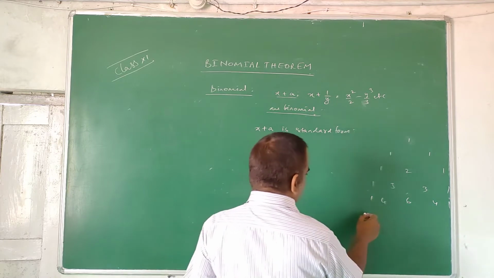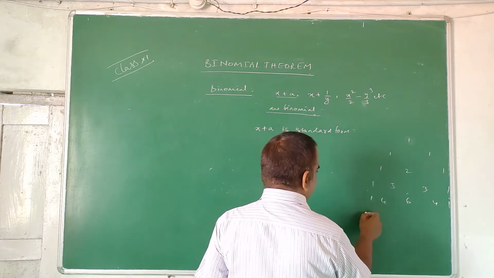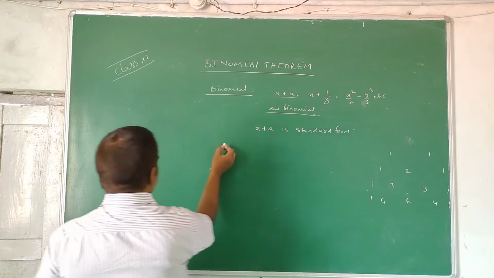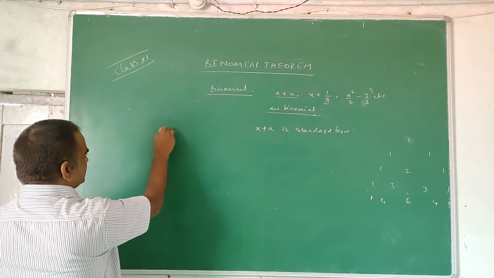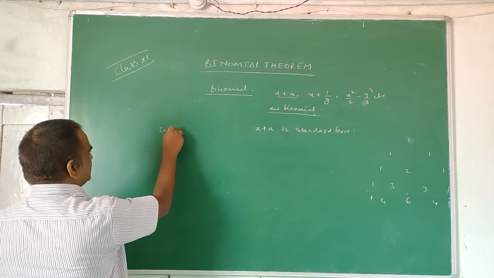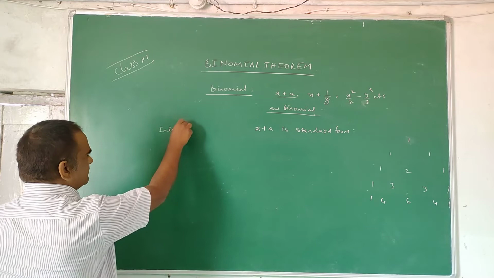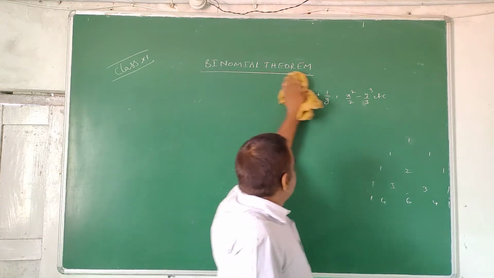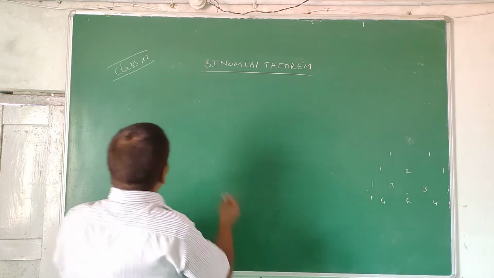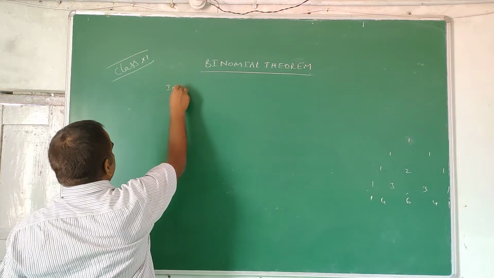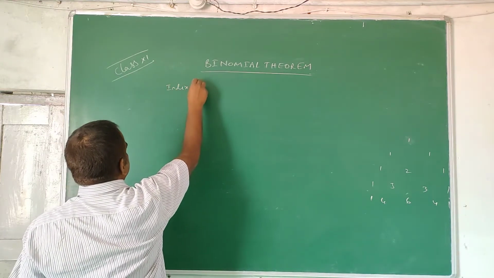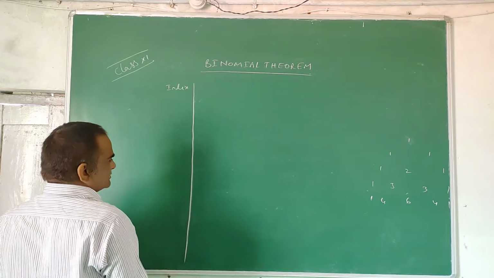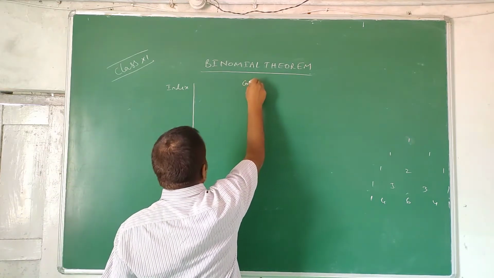So suppose now the index is 5. Let us write that pattern clearly here: the index of the binomial and the coefficients in the expansion.